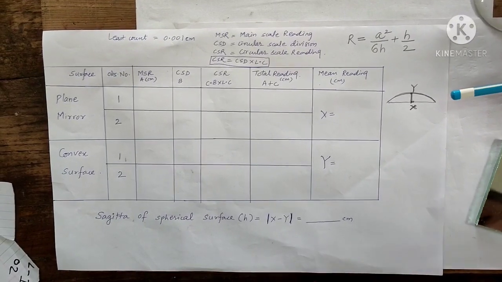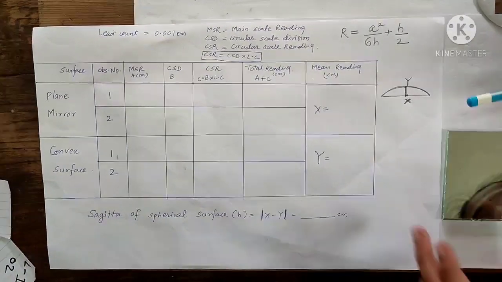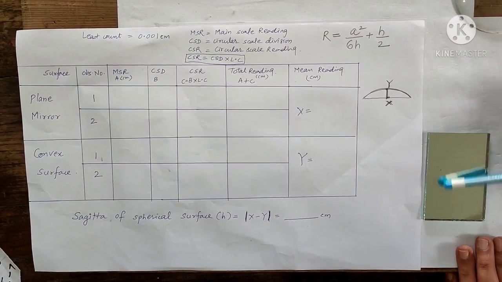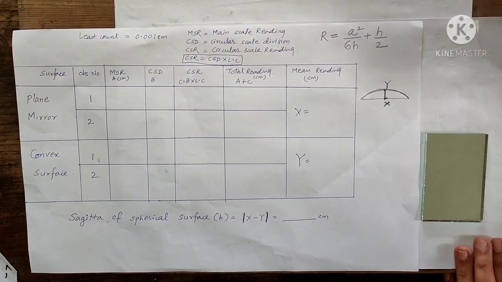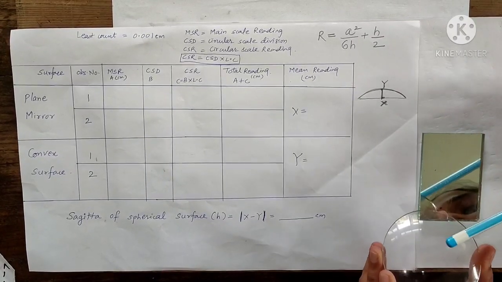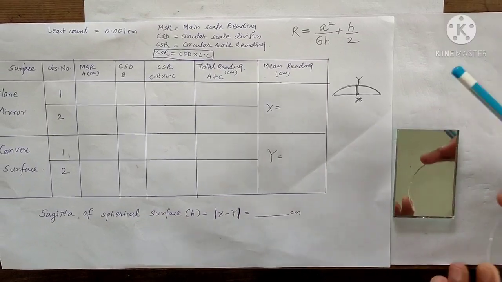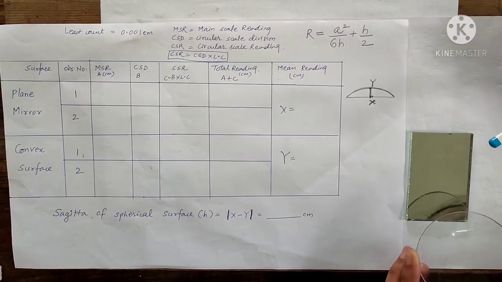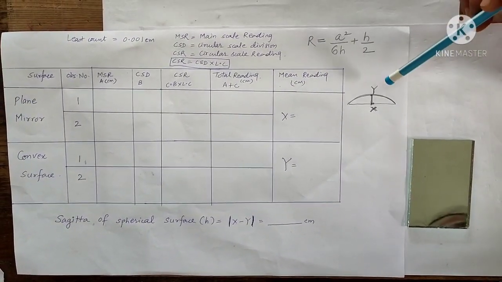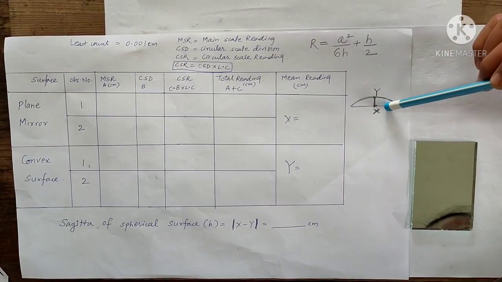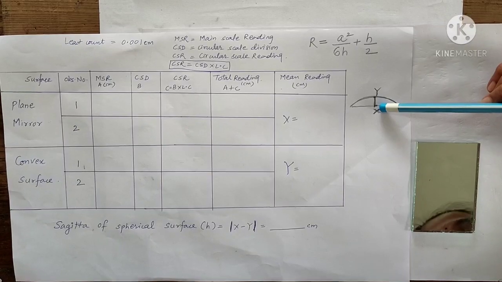Okay, so now here two surfaces are given. This is the plane surface. This plane mirror we are going to use as a plane surface, and we have to determine the radius of curvature of this watch glass. So to find h of this watch glass, first we have to find the position of the plane mirror or plane surface, which we consider as x.